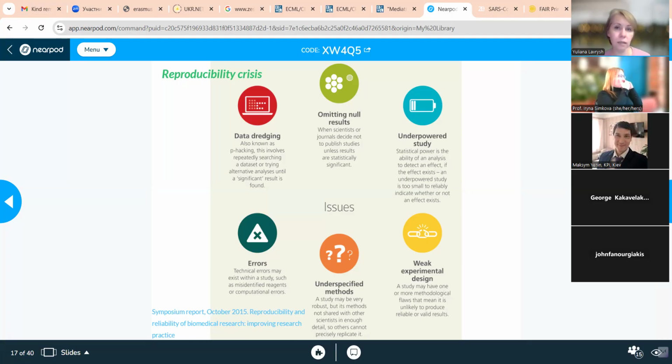Okay, and then I assume that if the sample is 100 people or 1,000 people, the result will be the same, something increased. But actually, it doesn't work like this.